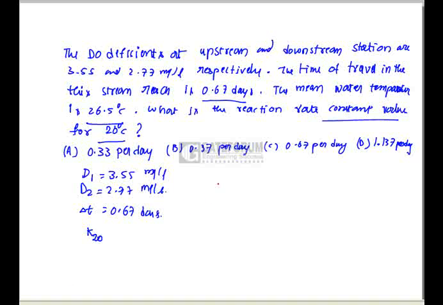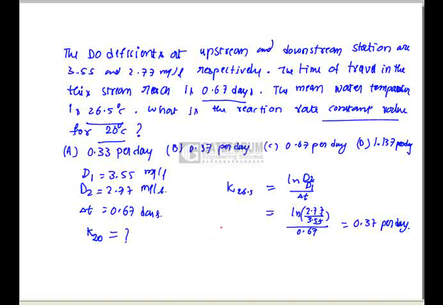So the reaction rate constant at 26.5 degrees centigrade is equal to log of D2 by D1, divided by delta T, that is equal to 2.77 by 3.55 divided by 0.67, that is equal to 0.37 per day. We know there is a relationship for the reaction rate constant at different temperatures.